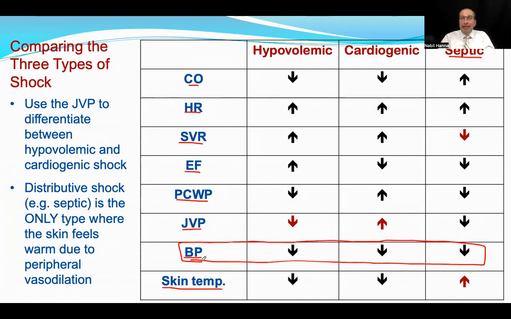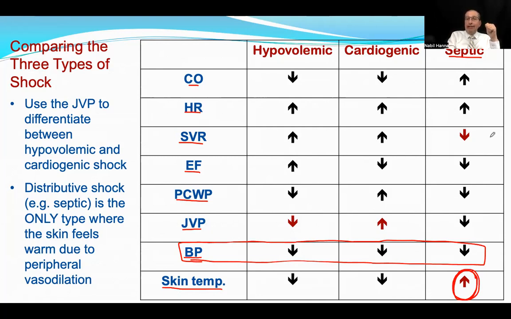Now, septic shock is unique in some features. Septic shock is the only shock with arterial dilatation, because of the mechanism of distributive shock. And when the arteries dilate, the skin will receive a lot of blood, and the skin temperature will be warm. So that's one unique thing about distributive shock or septic shock: warm skin. All other types of shock, you get cold skin.